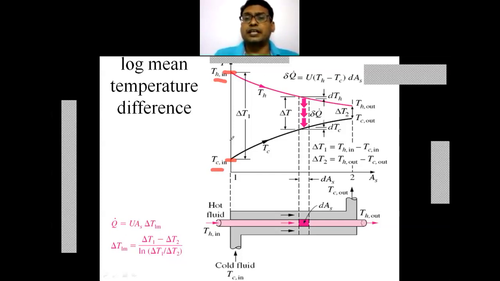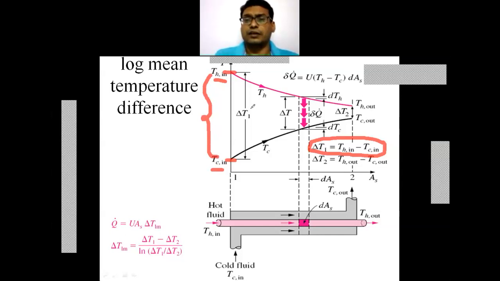So taking the temperature difference, that is delta T1, which is equal to TH in minus TC in, or THI minus TCI. This is one temperature difference.